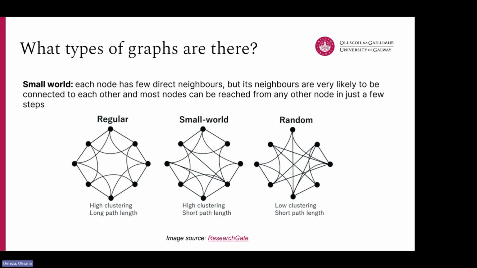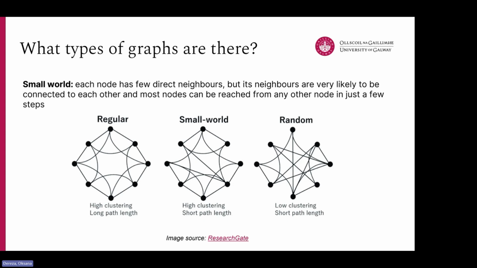And a very important notion for today's work is a small world graph, because for social network analysis, these are the kind of graphs that you will very often encounter. So in small world graphs, each node has a few direct neighbors, but its neighbors are very likely to be connected to one another. And the fundamental property of such a graph is that any node can be reached in very few steps from any other node.